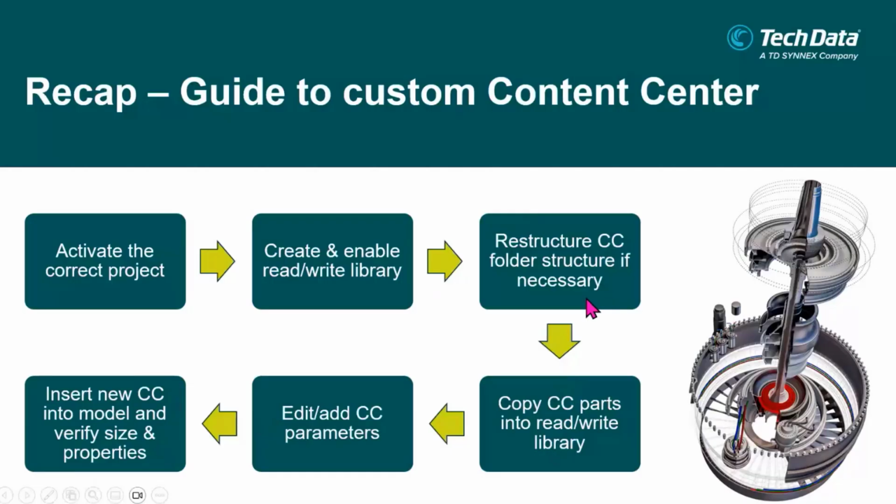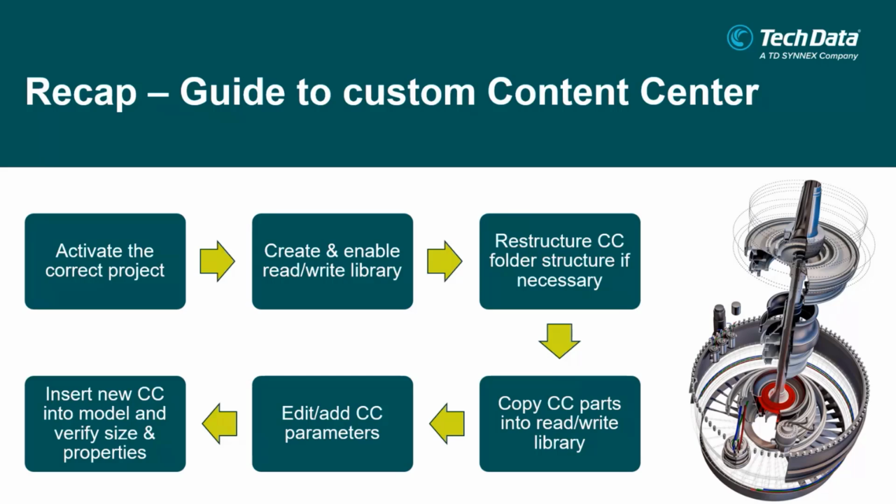Already shown the demo just now, so a quick recap. There's a summary guide on how to customize your Content Center. First, of course, activate the correct project, then create and enable the read-write libraries, and then restructure the Content Center folder structure if necessary.